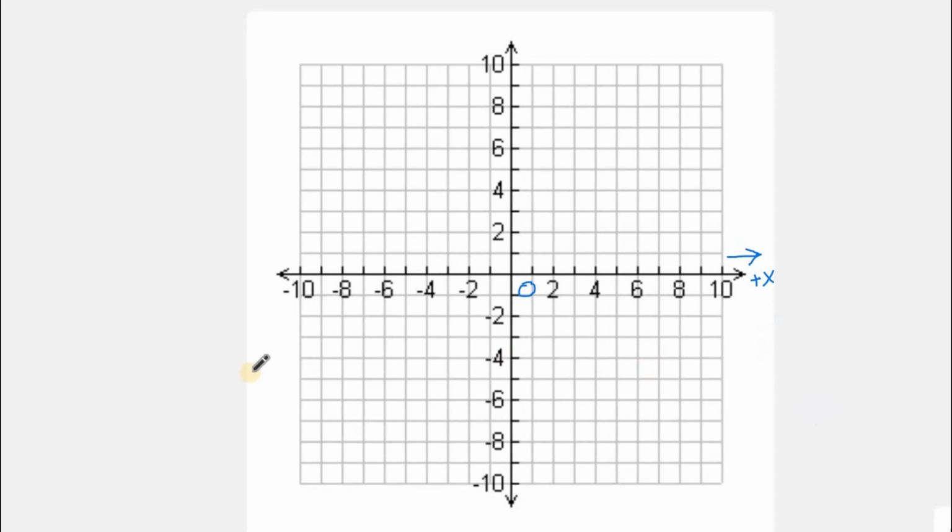Similarly, any distance measured to the left of the origin along the negative x-axis is negative.